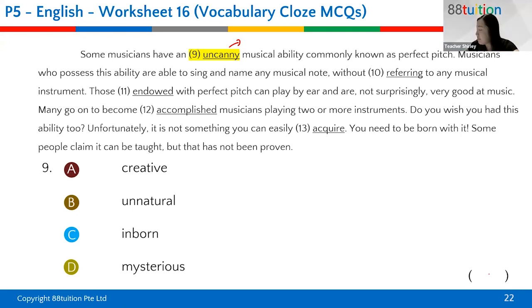B. Very good. Okay, uncanny actually means strange or mysterious. It's just not natural. Okay, it's really strange, usually in an unsettling way. So some musicians have an uncanny musical ability.